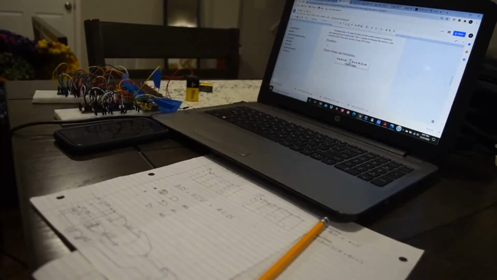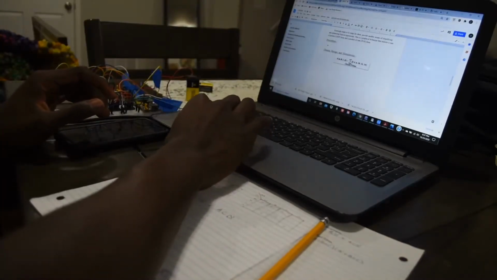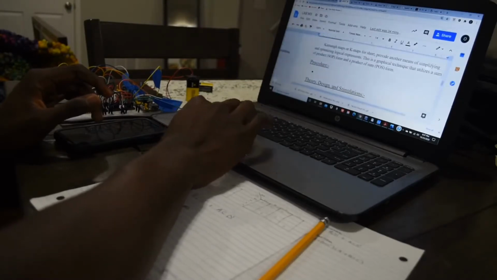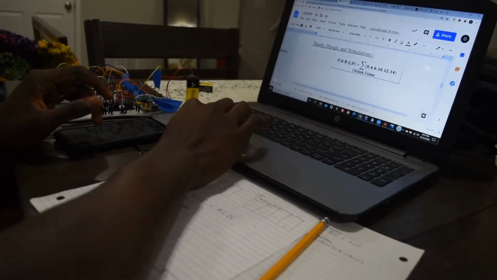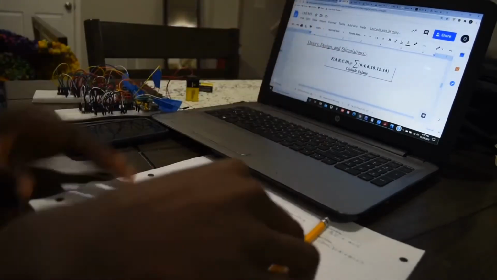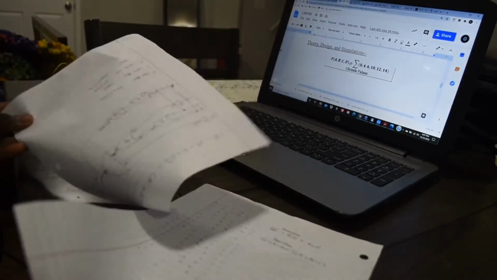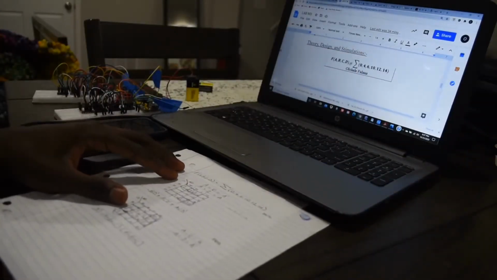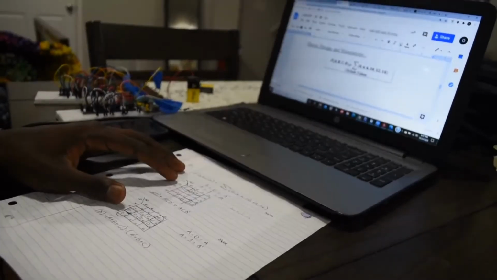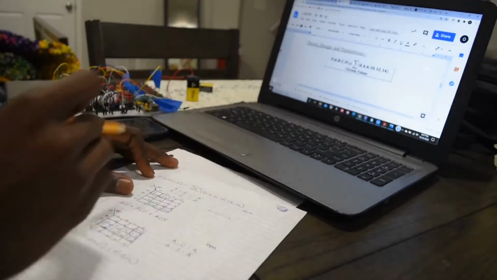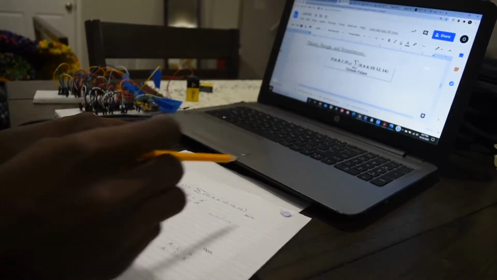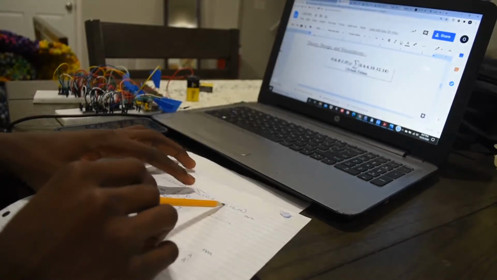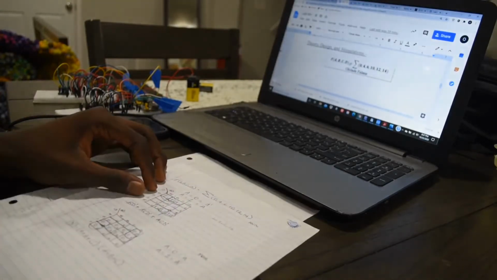For the procedure, I have data given to me by my professor telling me which numbers I should use for my Karnaugh maps. I have F(A, B, C, D) with minterms 0, 4, 6, 10, 12, 14.